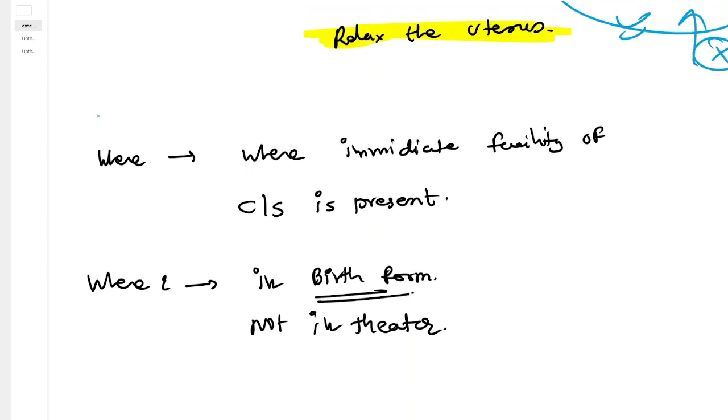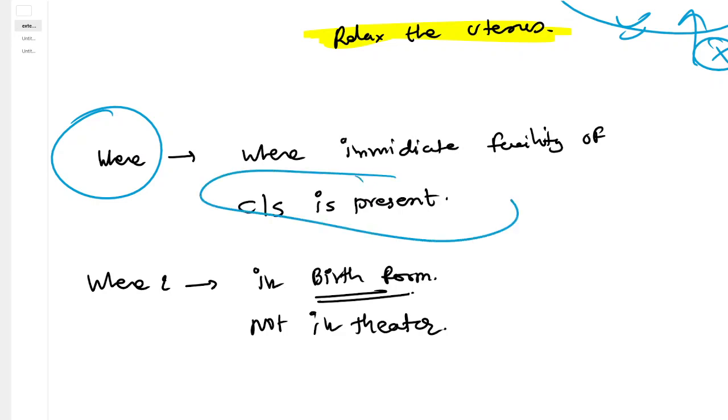Now, where should the ECV be done? So you must do the ECV where the immediate cesarean section facilities are available, because any kind of problems can happen after ECV, and you might want to go for cesarean section immediately to save the baby.